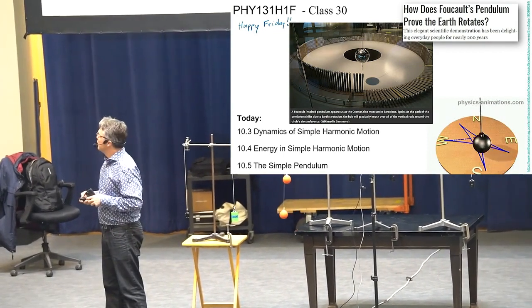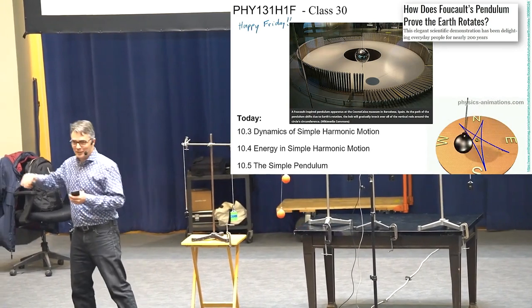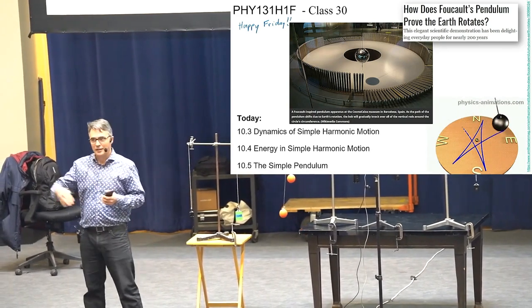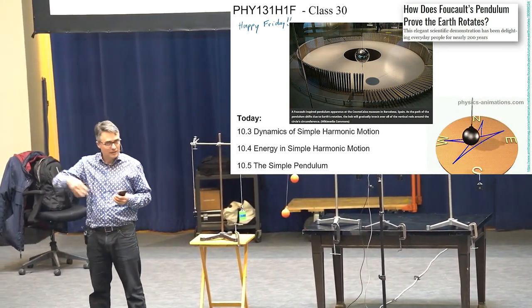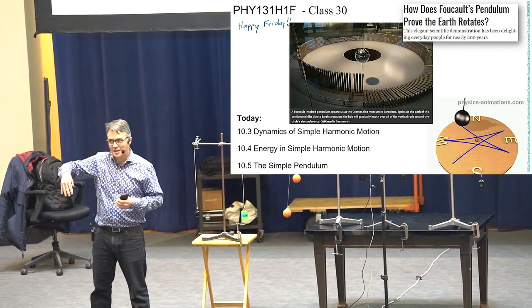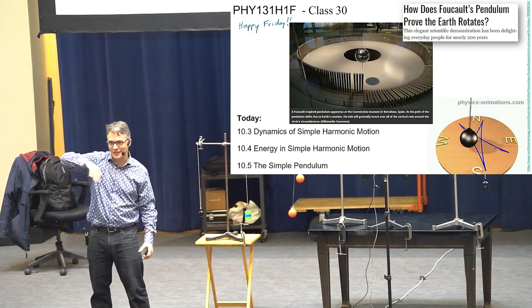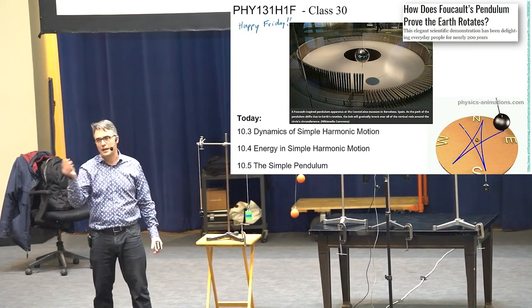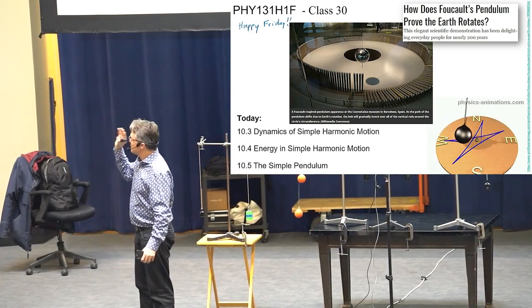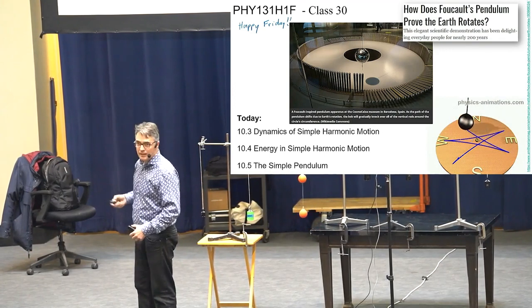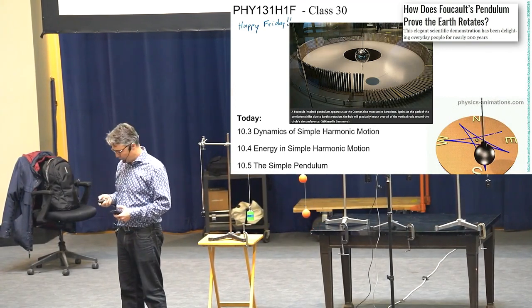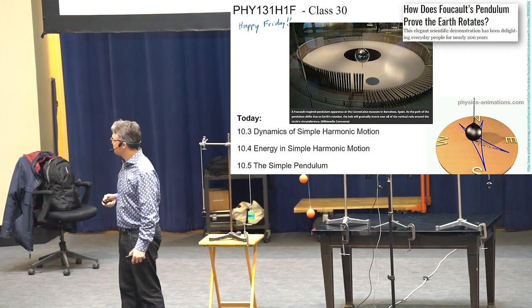But anyway, the idea is that this thing swings back and forth in a constant plane of swinging. But then the Earth rotates underneath it once every 24 hours, so you see it going around. From our perspective in LA, it traces out this big path once every 24 hours, sort of proving that the Earth rotates.